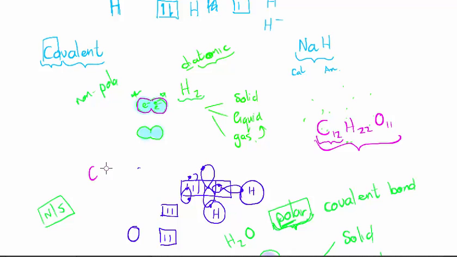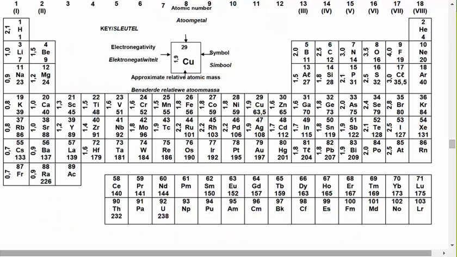Carbon dioxide, CO2. Let's look at CO2. It's carbon and oxygen. Oxygen's desire is 3.5. Carbon's desire is 2.5. Is there a big difference between their desire for electrons? It's not that big, but it's big enough so that the electrons will congregate near oxygen.